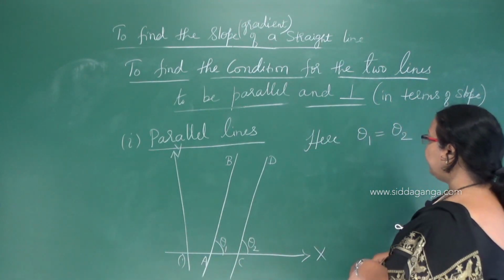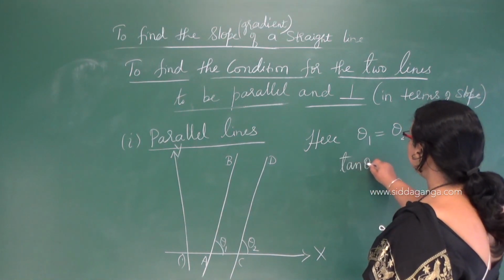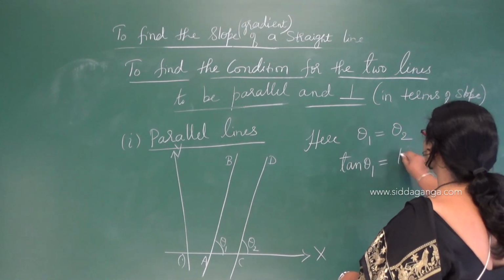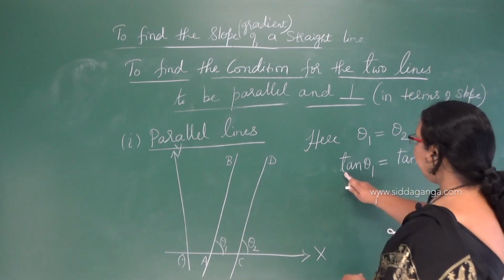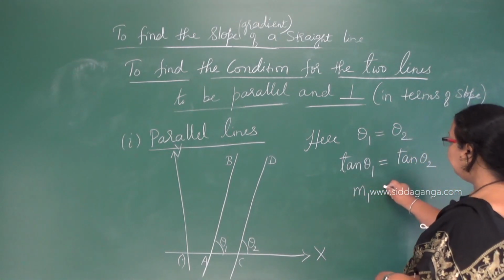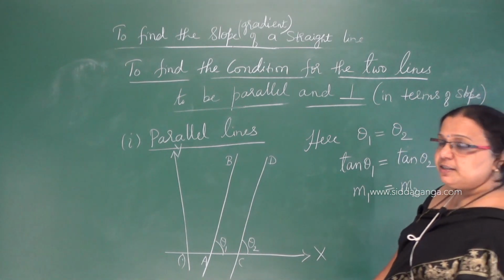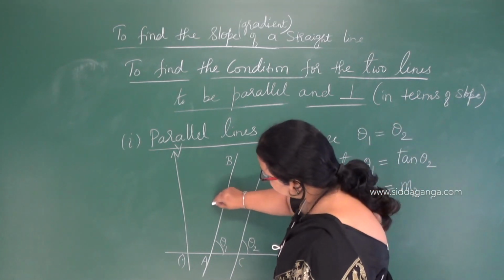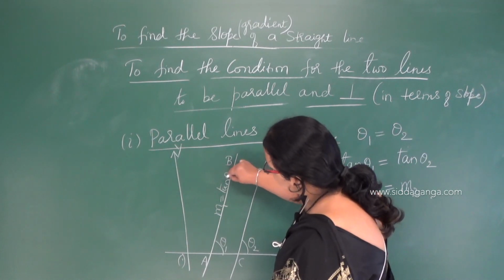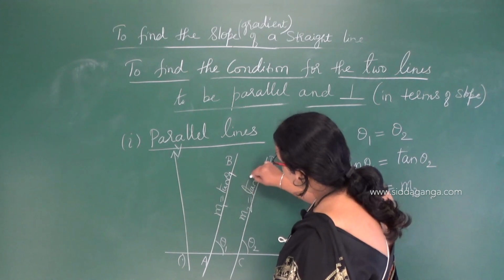The two angles are the same, so now you apply the tan ratio. Tan theta 1 is equal to tan theta 2. Tan theta 1 is nothing but the slope of the first line and tan theta 2 is nothing but the slope of the second line. So m1 equal to tan theta 1 and m2 equal to tan theta 2.